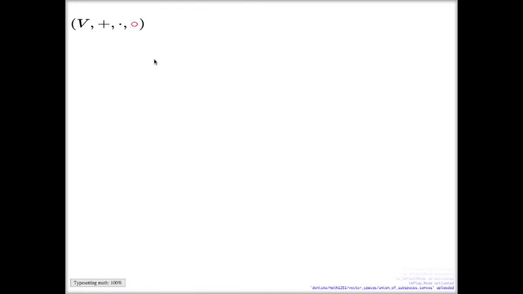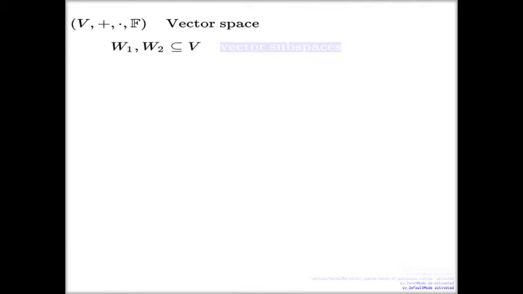So here's the setting. It actually works in the scope of every vector space. So if I have a vector space, I have 2 subspaces. In fact, this is question 31. Question 31 in the yellow book is exactly about this.